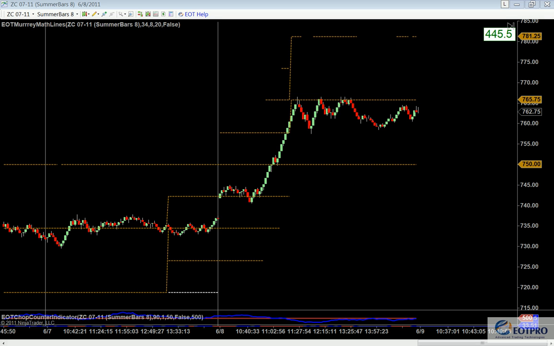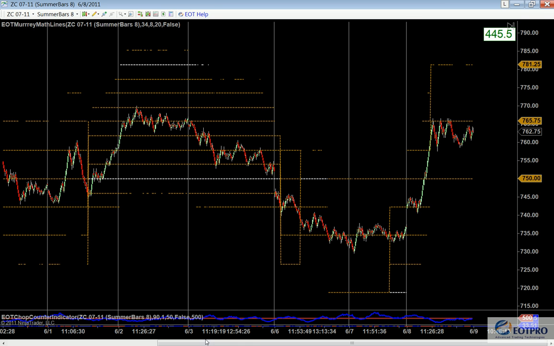that I have had. Before that, I think it's important to understand that Murray Math has two real major areas of support and resistance. It has these major Fibonacci type pivot areas, which are addressed in white.